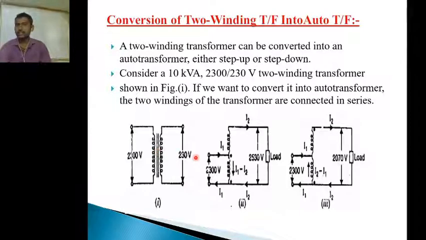When a two winding transformer is converted into a single phase auto transformer, the kVA rating of the auto transformer is greatly increased, and this higher rating results from the conduction connection.